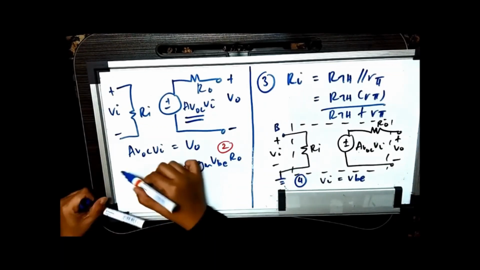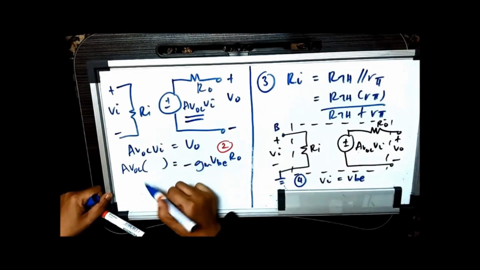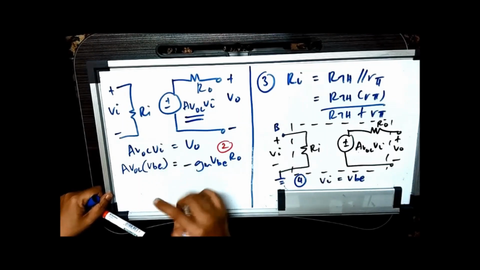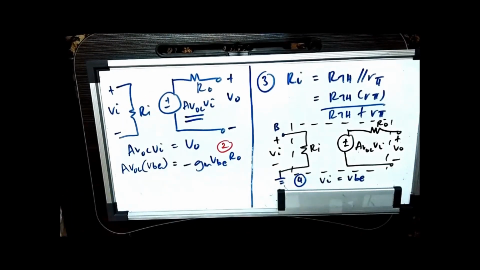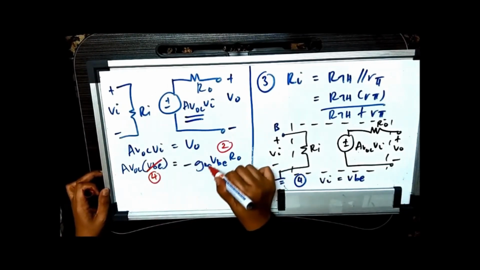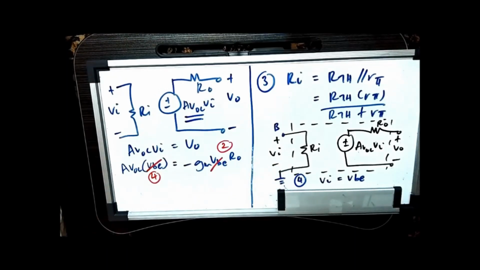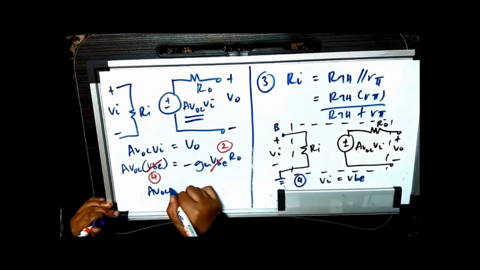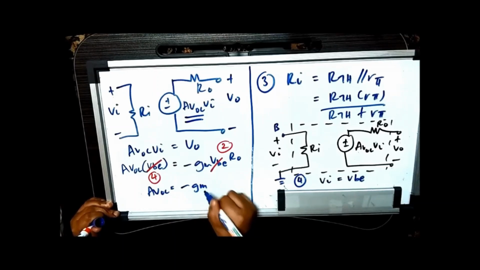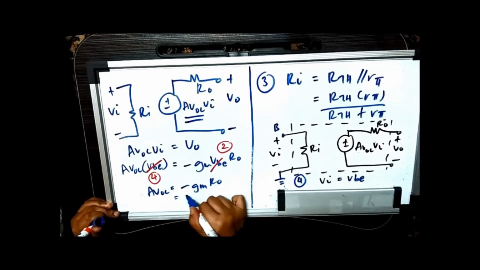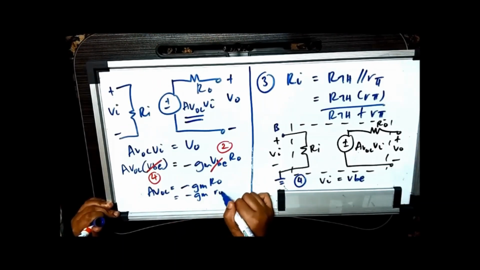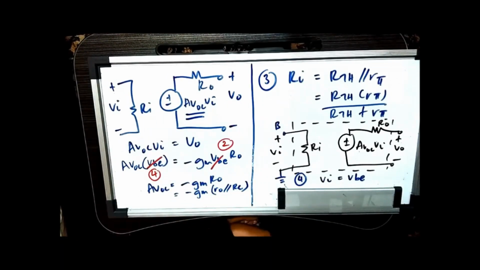Then your Vin here is equivalent to VBE, which is from step number 4. So you can cancel out VBE here, and you are left with Avoc equivalent to minus gm·Ro, which is minus gm·(ro parallel with RC), from your step number 1. That's the derivation of Avoc.